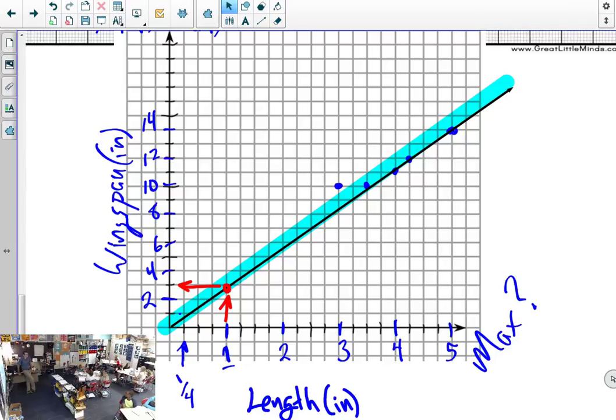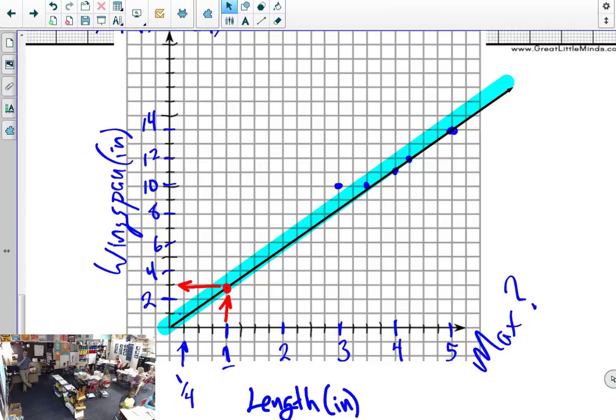Penelope, because we're running out of time, can you talk me through how you would do this? Sorry, is the 2.75 an X value or a Y value? If it's the bat length, it's X, right?